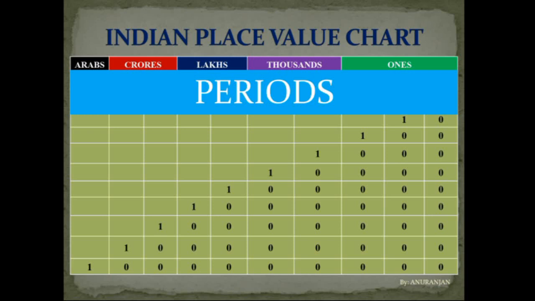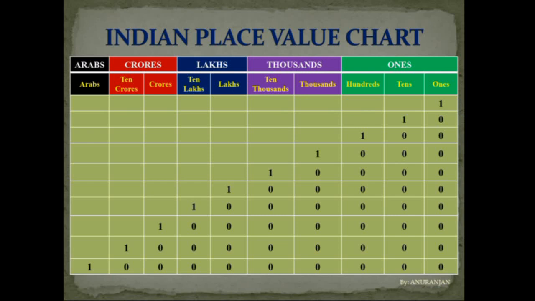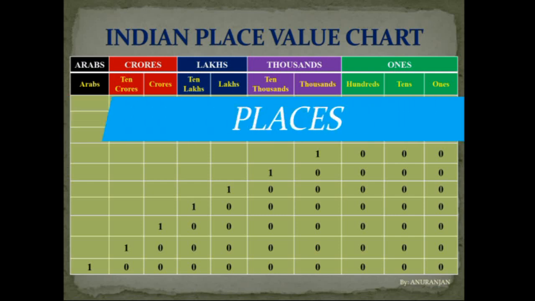So we have, starting from the rightmost, ones, then thousands, then lakhs, crores, and the Arabs. These are the periods. And below this lies the places. Now the places are grouped under the periods.